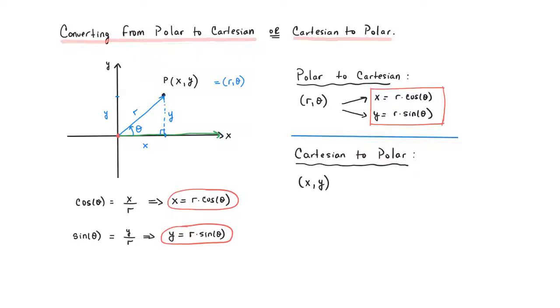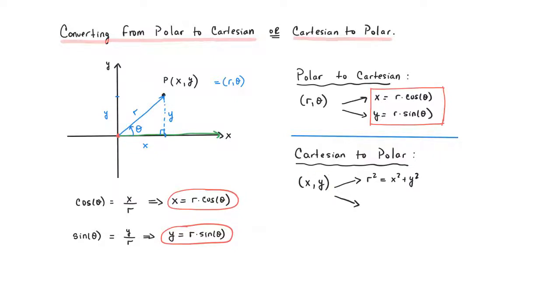Pythagoras says that r squared equals x squared plus y squared. So that will be the way for us to transition to r. We're going to have that r squared equals x squared plus y squared, and that's how we're going to get r, by taking the square root. And we need to get theta. Well, again, think of a trig equation that has both x and y, because this is what we know.